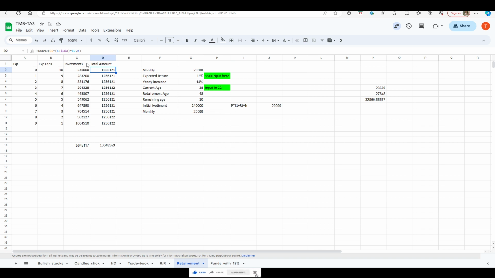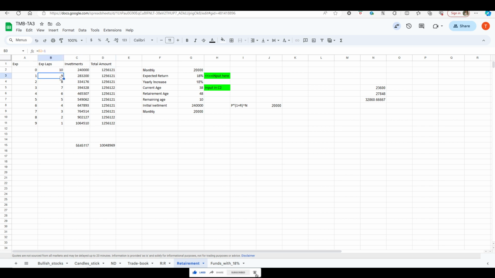P means this is the 2.4 lakh into 1 plus G3. In the G3 what I put 18% is the return. B2 is 10 years. The amount which I am investing, 2.4 lakh, after 10 years it is going to become like 12 lakhs 56,121 rupees.